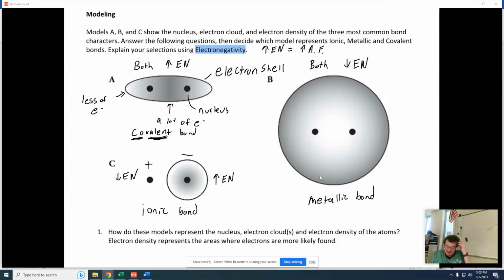You could also mention that because there's a low electronegativity, there's low attractive forces, so we would expect the electron clouds to be really, really big because there's nothing reining those electrons in.